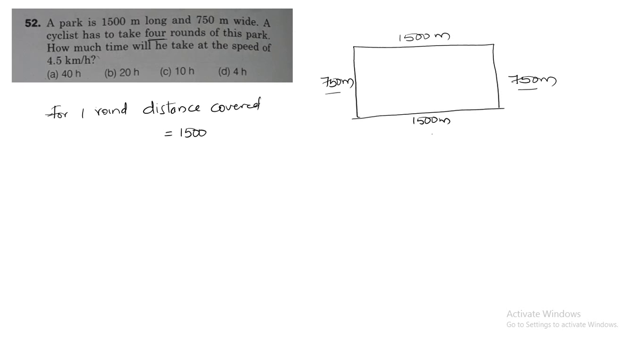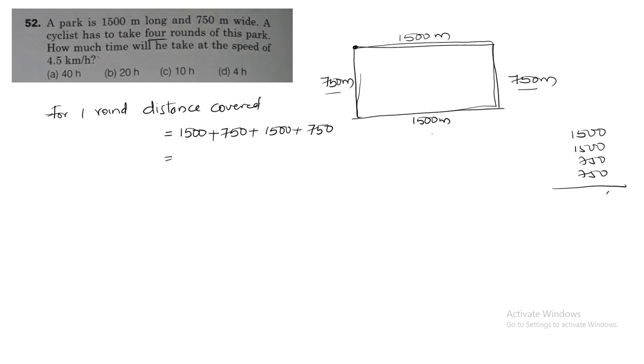If it starts from here, this distance 1500, next 750, next again 1500, and next 750. So we need to add them, right? Then what am I going to have? 1500 plus 1500 plus 750 plus 750.